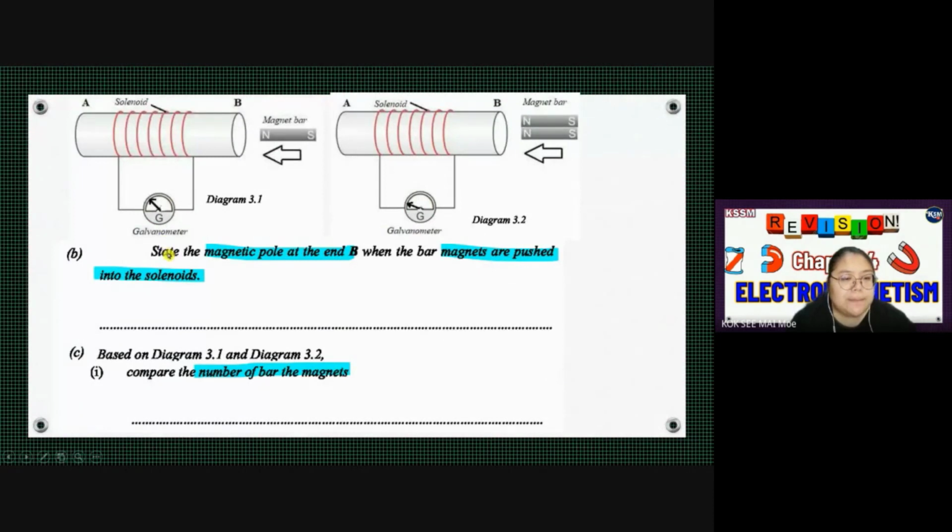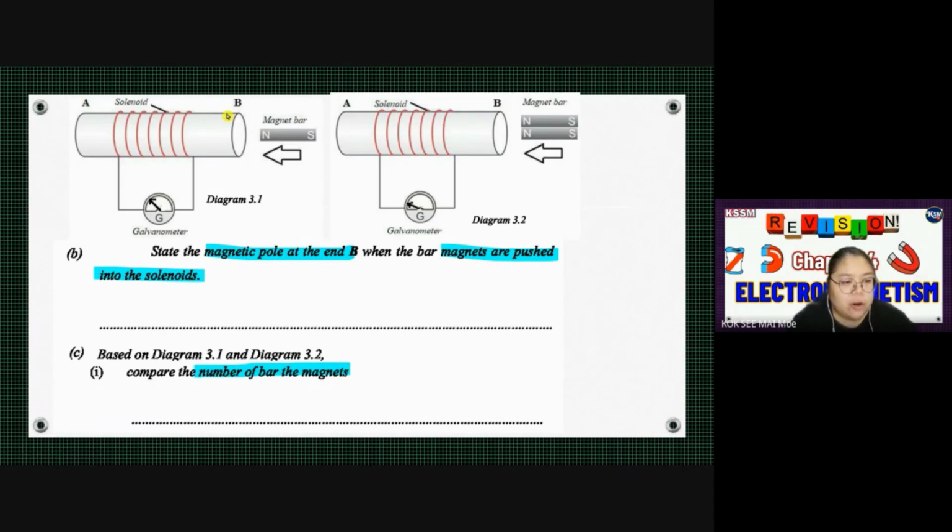State the magnetic pole at end B when the bar magnet is pushed into the solenoid. That means you want to move it in. So they ask you, what is the polarity of B now? We ask about the pole.